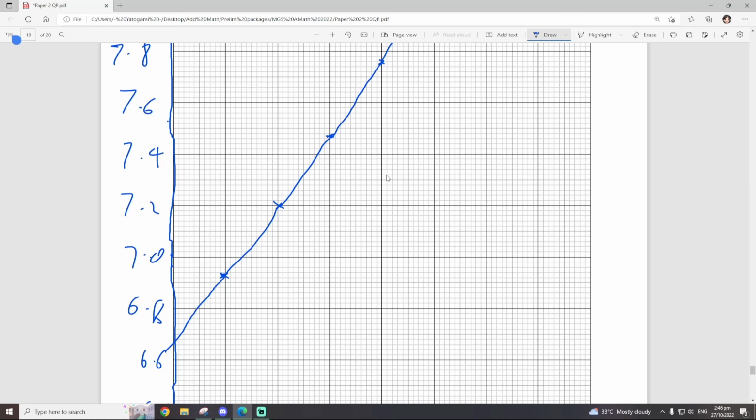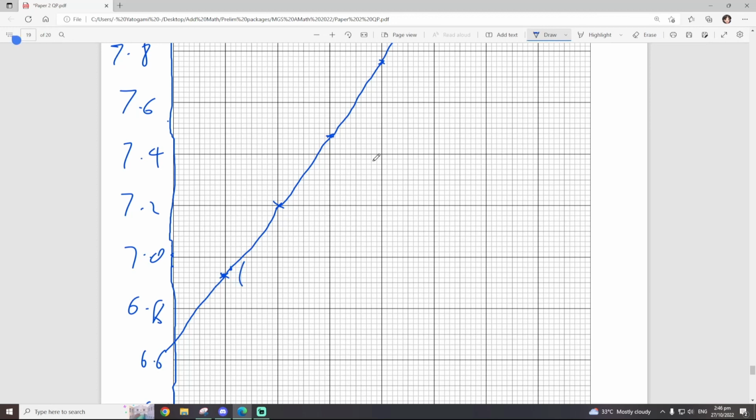So let's pick some points. When you calculate gradient, always pick a point that lies on the grid and between the first and second point. So let's pick this.